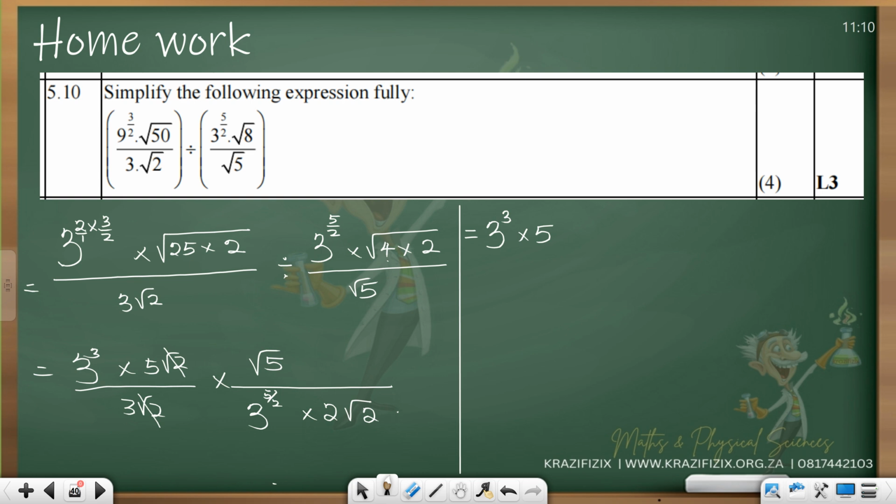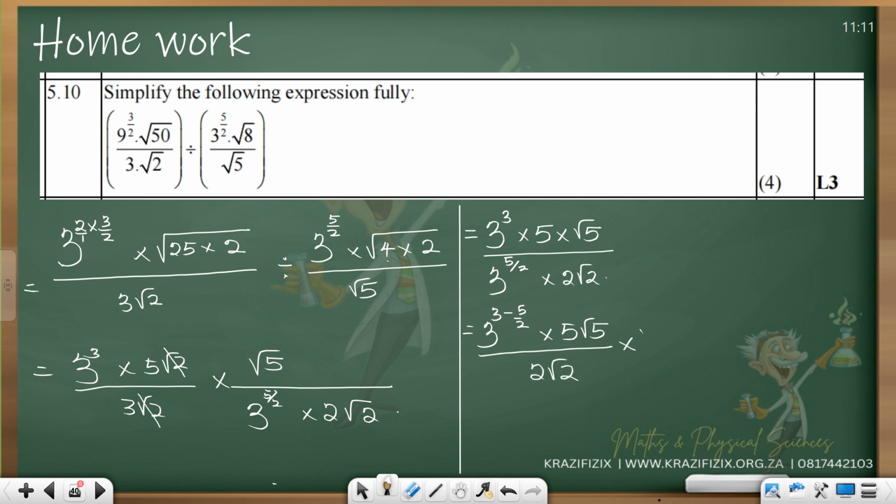Times 5 times root 5 over 3 to the power 5 over 2 times 2 root 2. Now I can deal with the 3's, okay? Using laws of exponent, what would that be? 3 to the power minus 5 over 2 times 5 root 5 over, now please watch this.